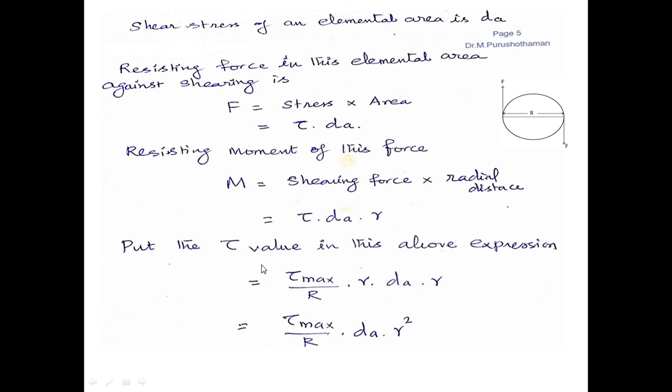Put the tau value in the above equation. What is your tau value? Tau max by R into dA into r. Here tau is nothing but tau max by R into r, right? So it is tau max by R into dA r square.